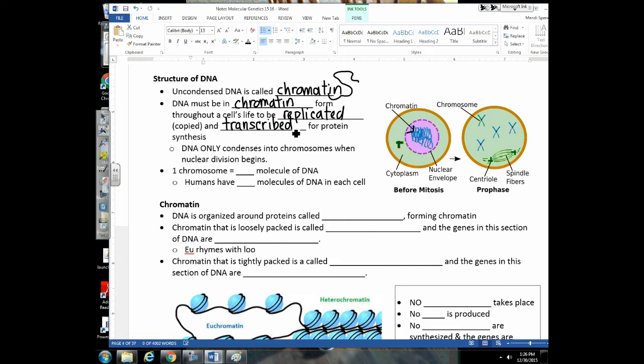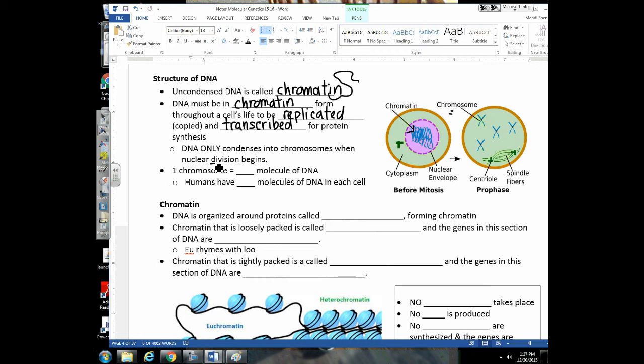And the DNA cannot be replicated or transcribed if it's coiled up into chromosomes, like we see here. So again, we talked about that in prophase of mitosis, the DNA coils up into chromosome form. And it coils up into chromosome form just so that the DNA can be moved around during mitosis or nuclear division. But for most of the cell's life, the DNA must be in chromatin form so it can be copied when it needs to be copied and transcribed whenever it needs to be transcribed.